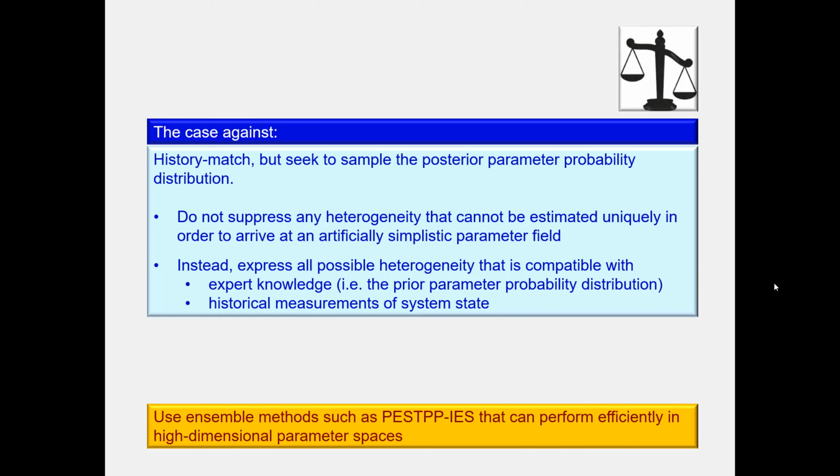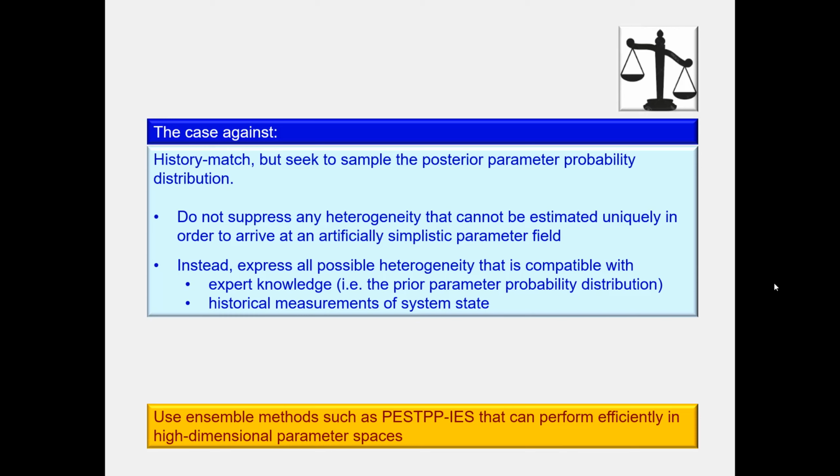When we make a prediction, we then make a prediction with all of these parameter fields. And that way, we haven't got to come up with an abstract, simplified parameter field which doesn't actually look real, which is actually an abstraction.